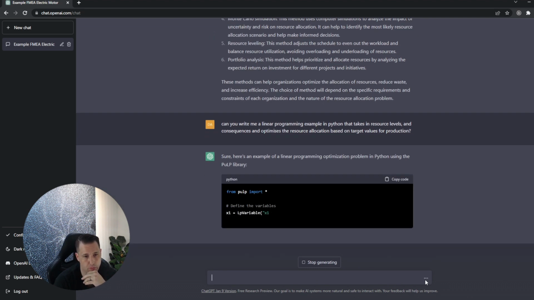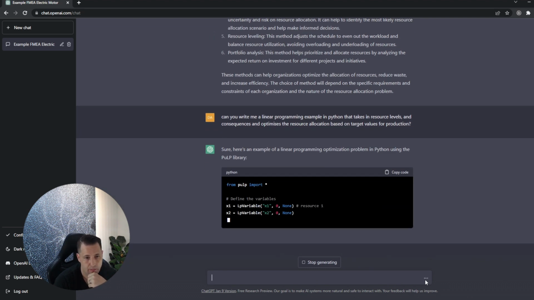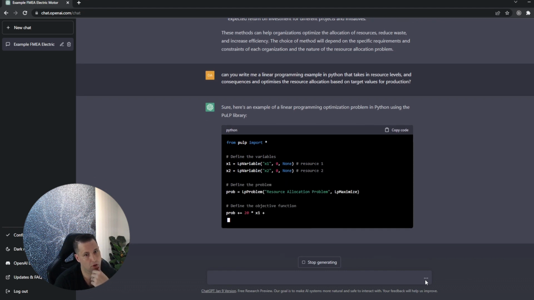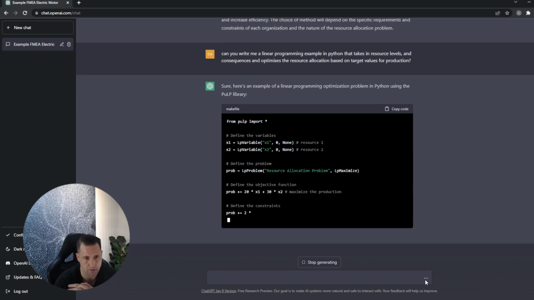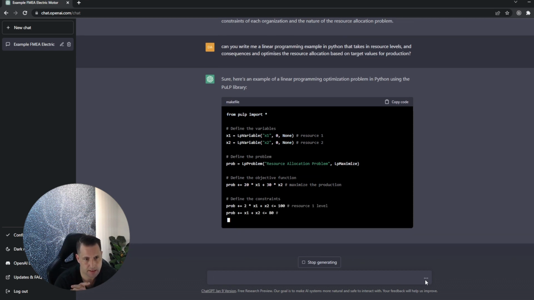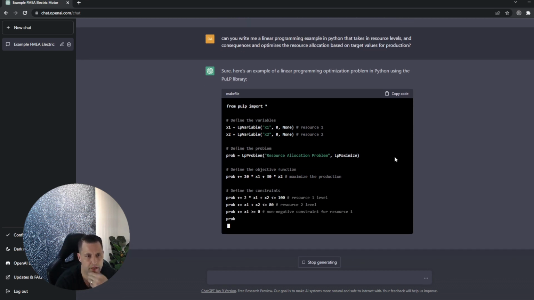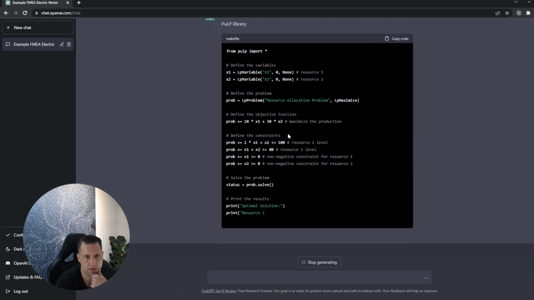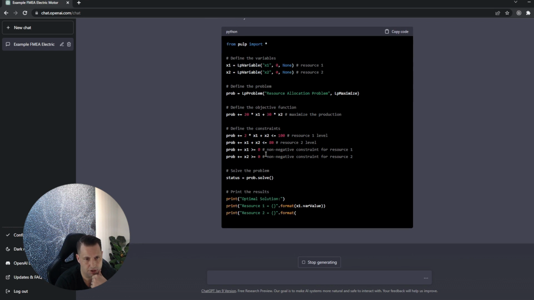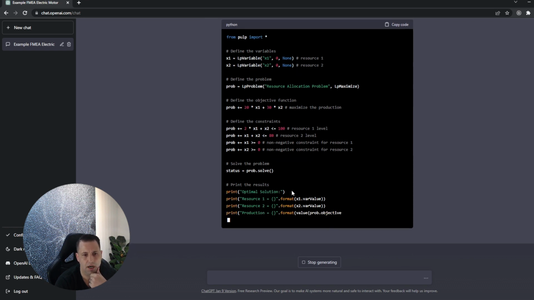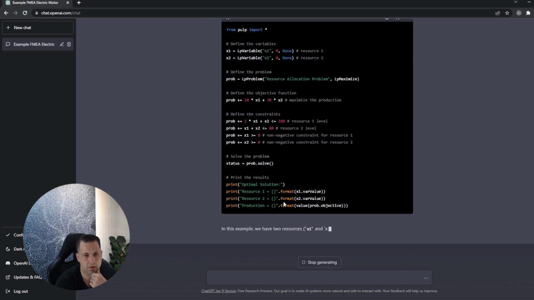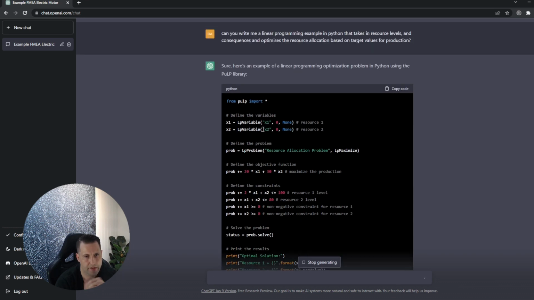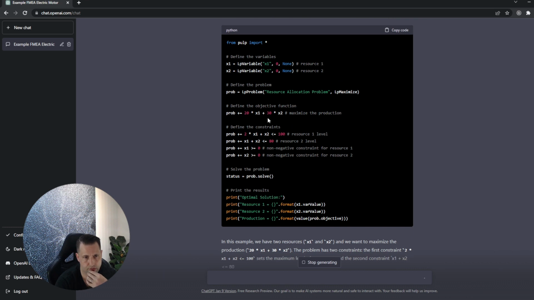Okay, so it's using pulp, which is a library in Python that contains a whole bunch of different mathematical optimization techniques, and it sets up a linear programming problem here. It defines the objective function. Okay. Obviously, these are dummy values that are being put in here. And this isn't going to give us anything useful straight away.